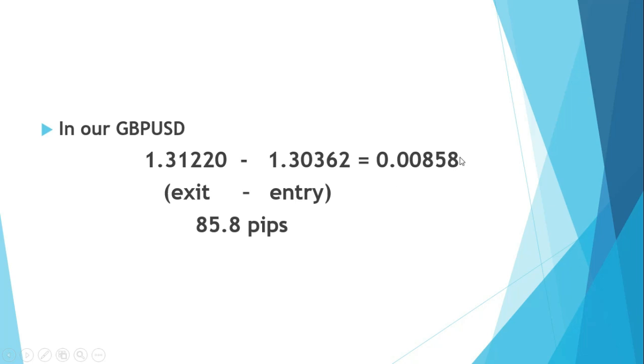In this 0.00858, we now move it to 4 decimal places. Count the 0s, move the point to 4 decimal places: 1, 2, 3, 4. So it will now be 85.8. In this 85.8, this is the pip, 85 pips, 85.8 pips. That is what we got.